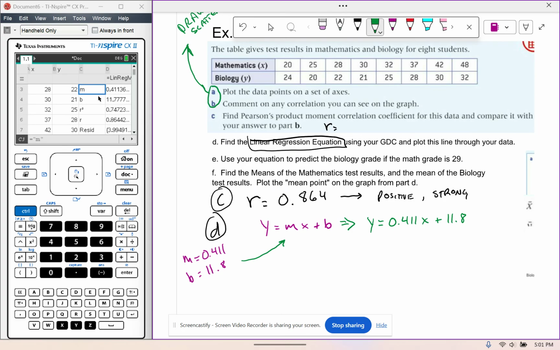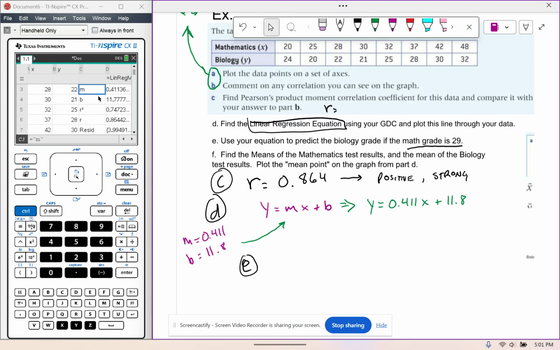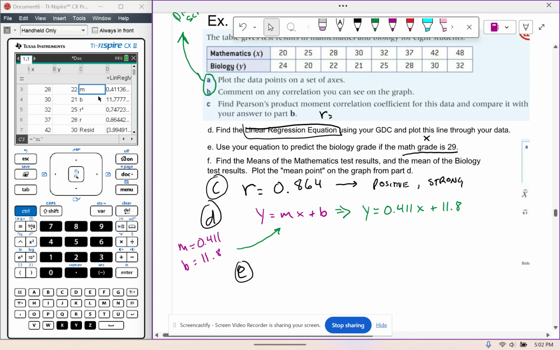Now let's look at letter E. Letter E states, use the equation to predict the biology grade if the math grade is 29. Notice that math is an x variable. So whatever you want to use the equation to find out, you just substitute in what it's giving you. If math is x, we are going to substitute 29 wherever there's an x.